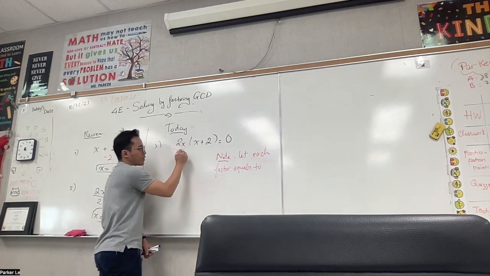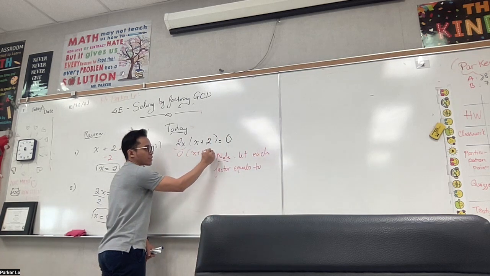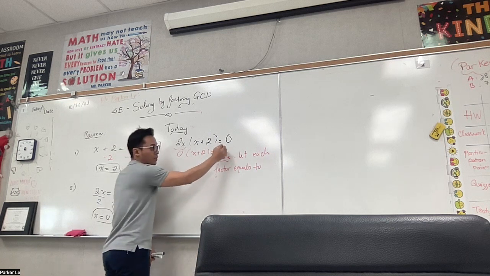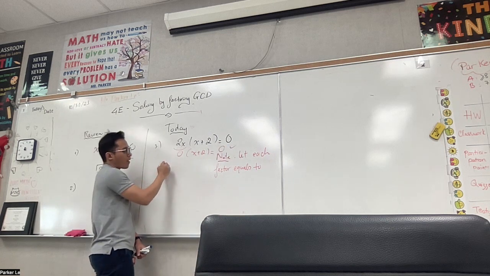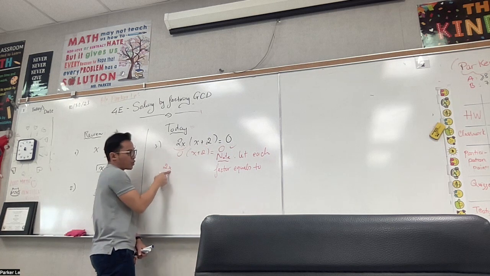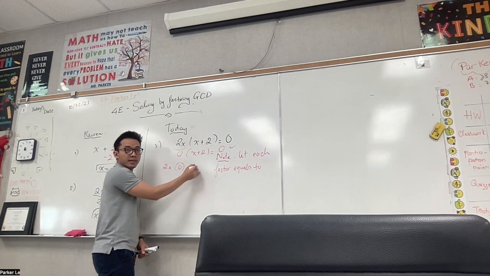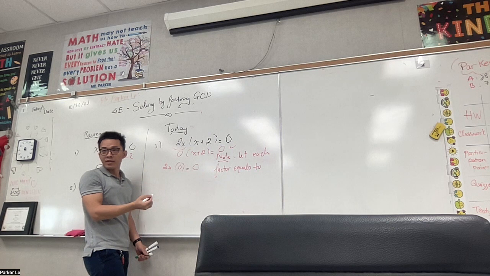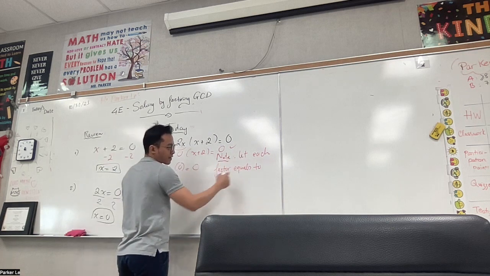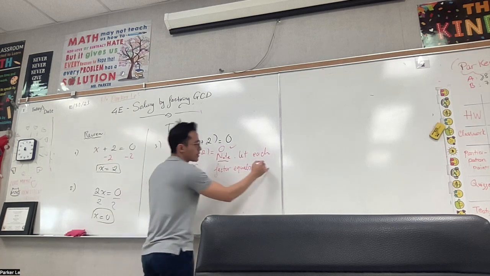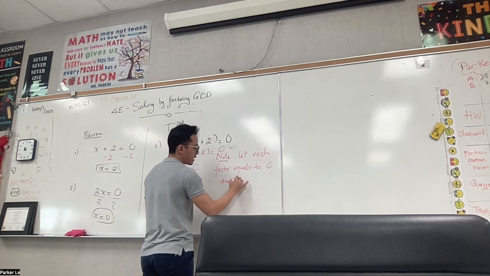Because what if this one equal to 0? What is 0 times x plus 2? It's still 0. So this is our solution, right? Or I just need this one to be 0 because 2x times 0 is 0, right? So I just need to let each factor equal to 0 and solve it.